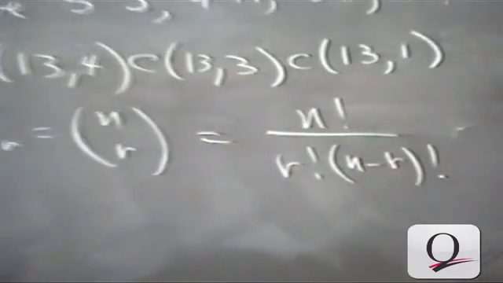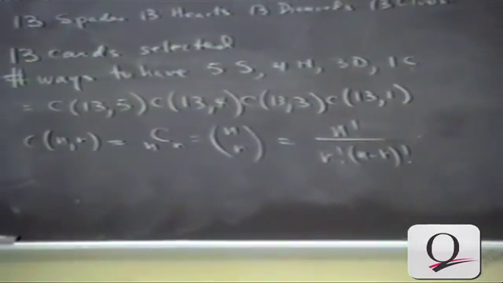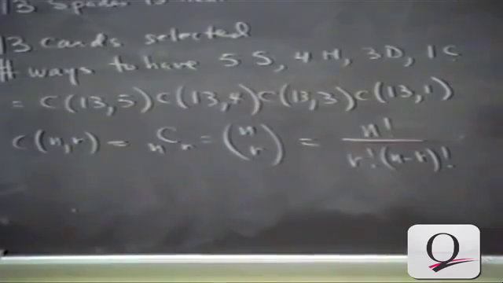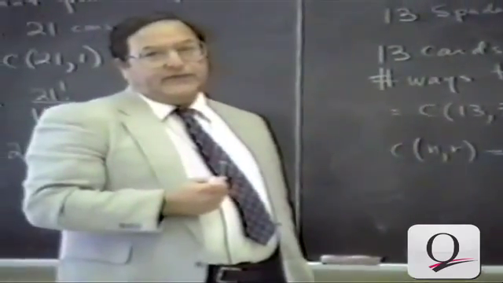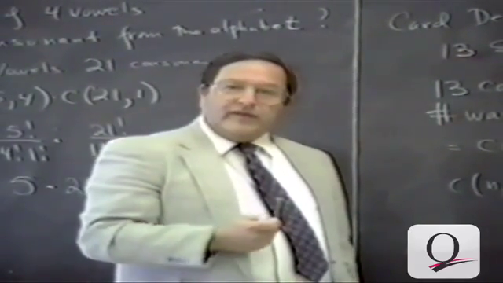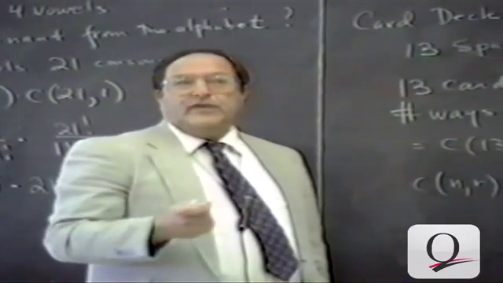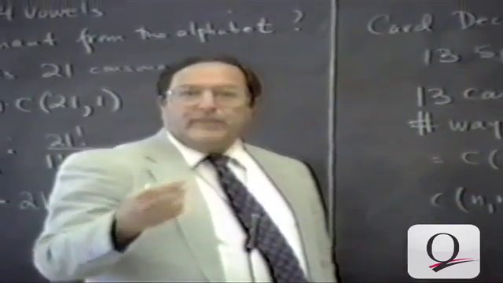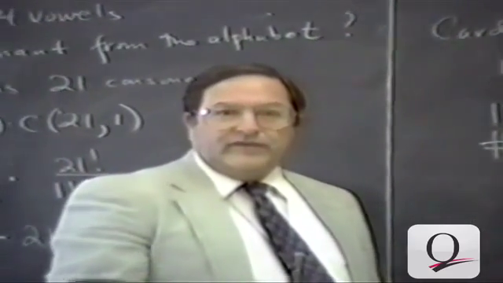Now you have to ask yourself, if you see a problem, does this problem want permutations or combinations? And to answer that, you have to ask yourself, is the order important? Would it change anything if I changed the order? So for example, in the case of the 3 people going out, the order doesn't change, that's a combination.